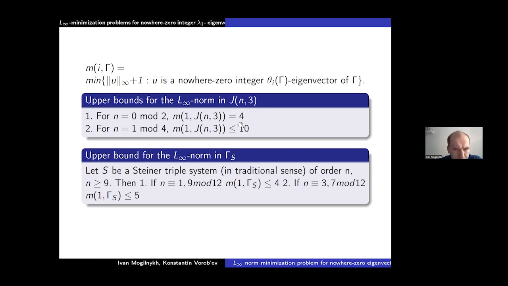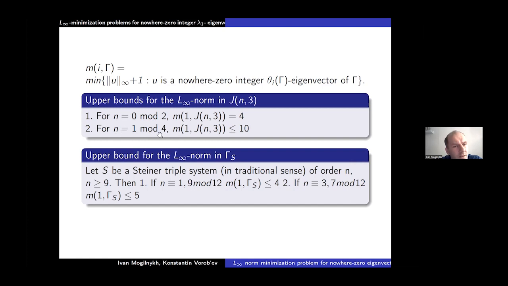For the following bounds for our optimum in the Johnson graph, I mean, when q is equal to 1 here, just ordinary Johnson graphs, if n is 0 modulo 4, and if n is even, then M_1 of J(n,3) is 4.